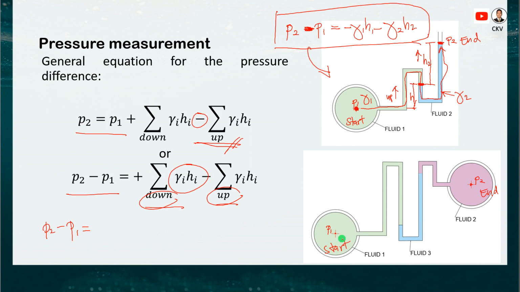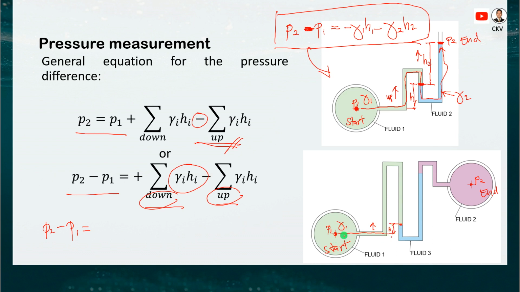Considering first fluid 1, let's start here and end there. Their difference in elevation: the starting point is lower than the end point of fluid 1. So it is going up from start to end. This is H1.